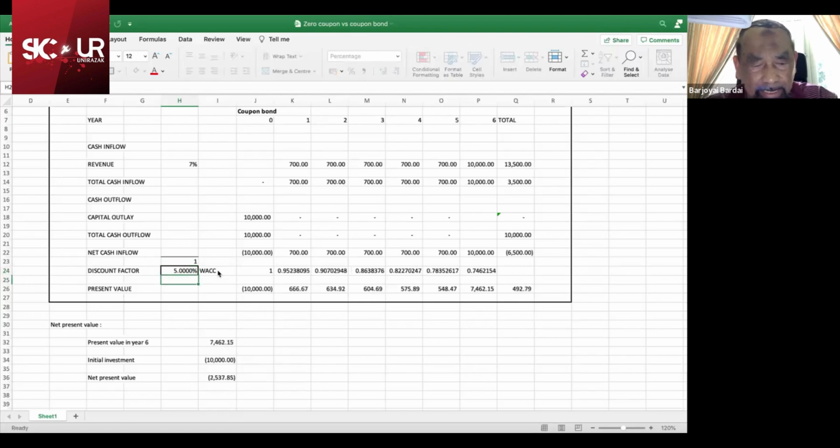Maybe 5%, not viable. 4%, not viable. 3%, 2%. Wow, this is serious, because even at 2% weighted average cost of capital, it is still giving us a negative net present value.